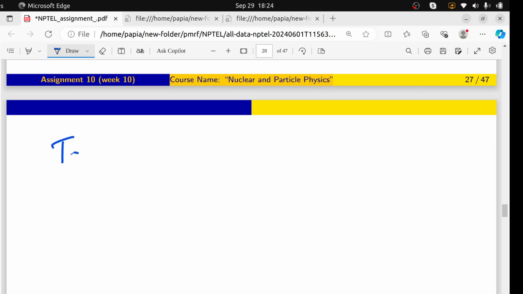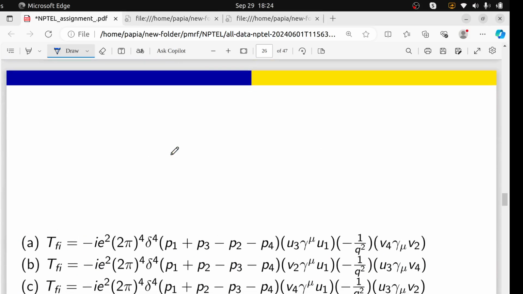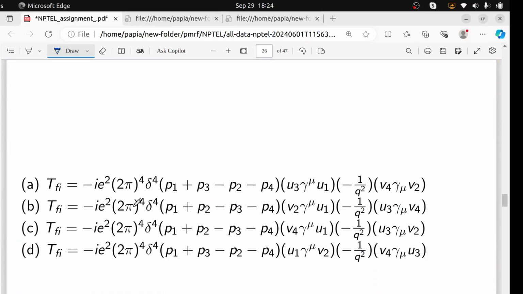Now T, F, I, they are asking. Let me tell you one thing. The main thing here, these four options are given, right? Sir has already told how to write the expression for T, F, I. There are some components you have to take care of. First of all, there should be one delta function. Then this is the vertex, this is also a vertex, and this is the propagator.